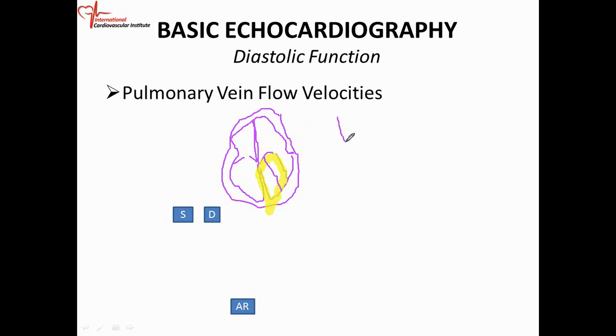You trace the border, so the area in the left atrium, and then you do the length, from the mitral annulus down to the top of the atrium.